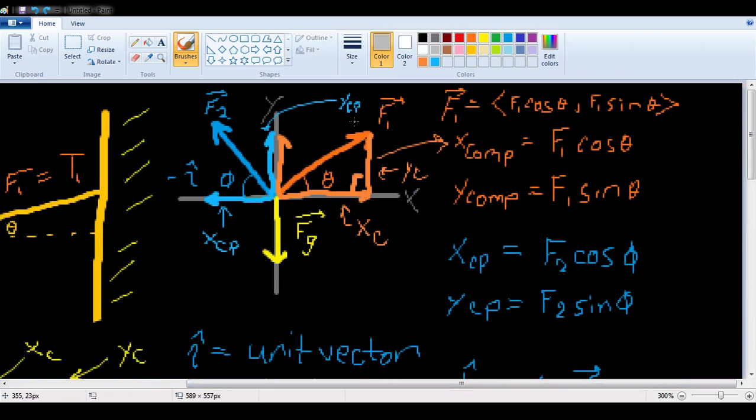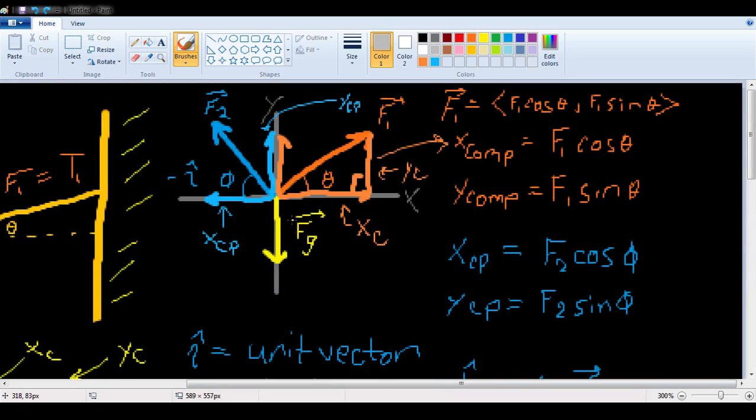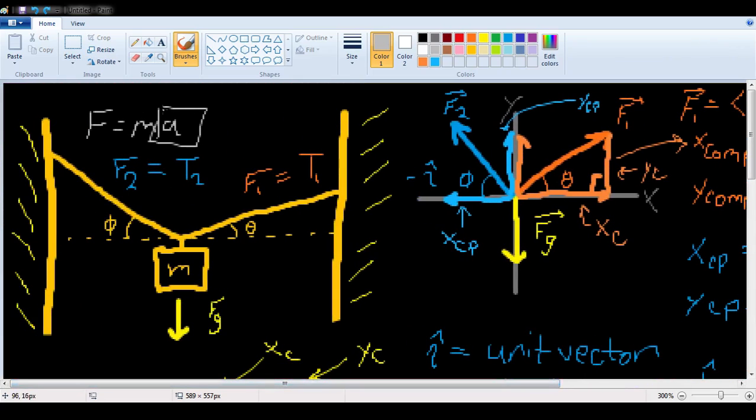So, okay, now in the y direction, we have 3 components, right? We have the y component of F2, the y component of F1, and then you have your negative Fg. And because those are on opposite sides, they're working against each other, right?